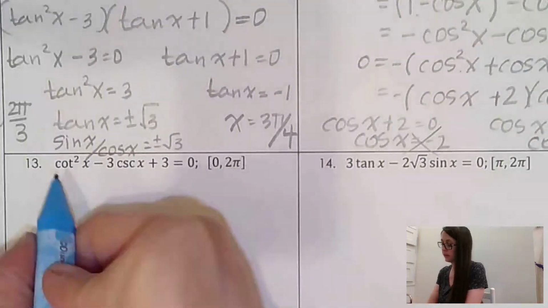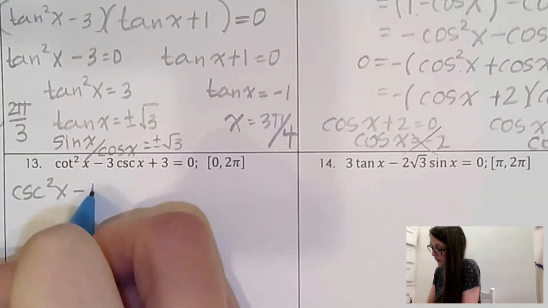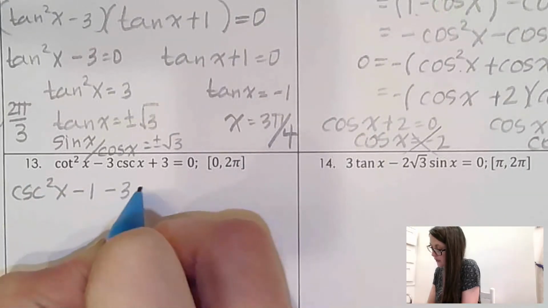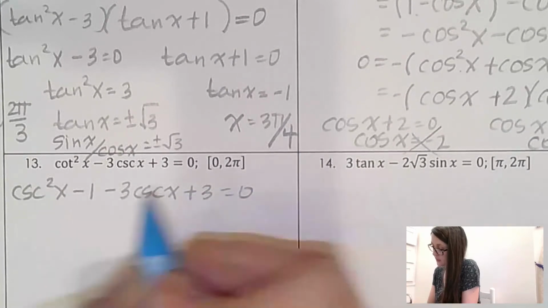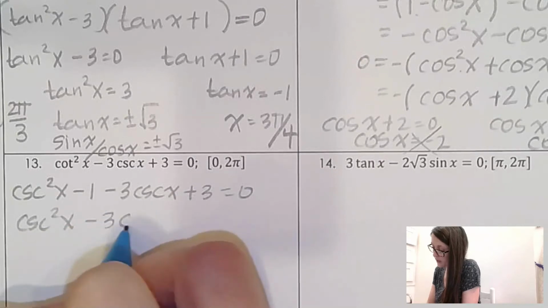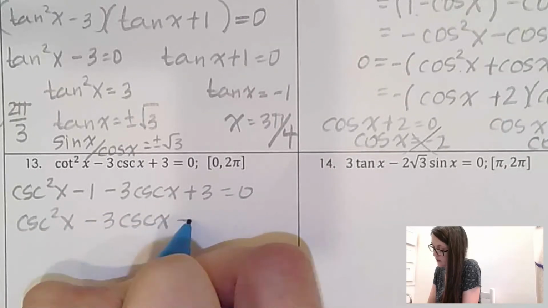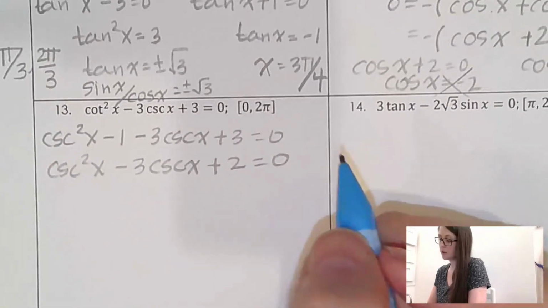So if I plug that in for cotangent, then this is going to be cosecant squared x minus 1 minus 3 cosecant of x plus 3 is equal to 0. So we'll have cosecant squared x minus 3 cosecant x plus 2 is equal to 0. And then now we'll factor.